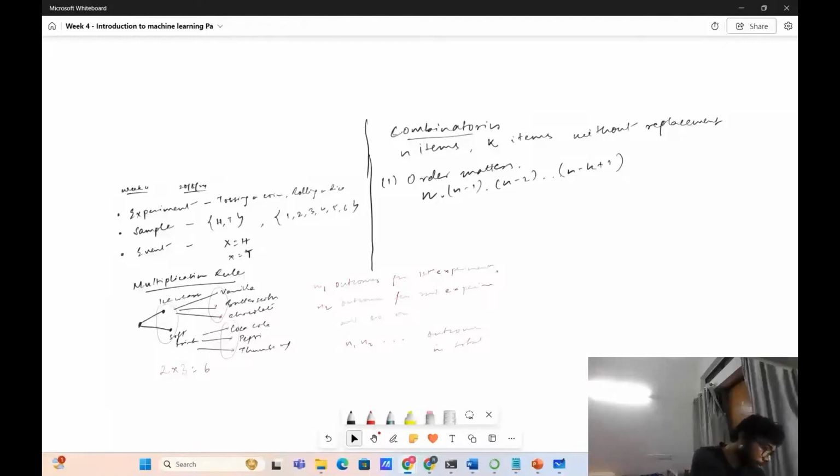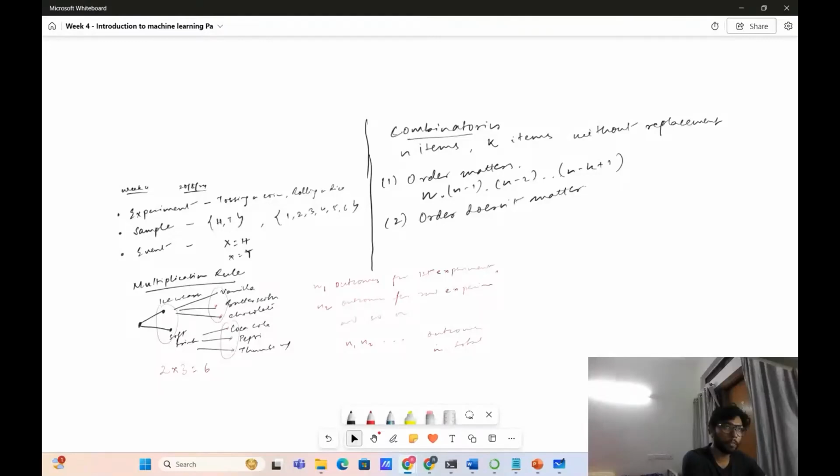Now the second part is where order doesn't matter. So again, you just need to find a group. For example, this will be helpful when you are forming a team.